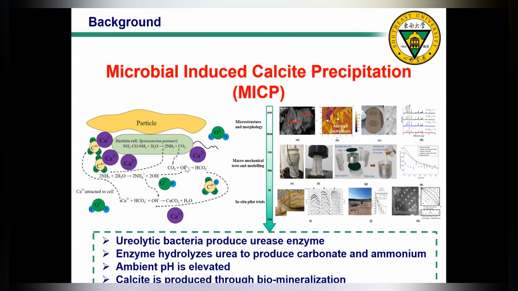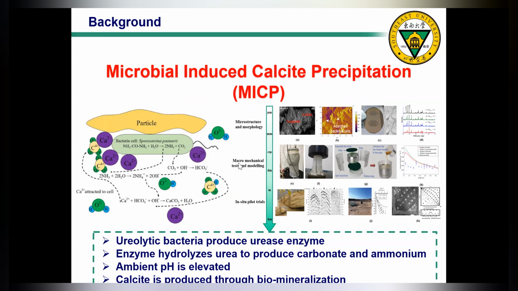With the slightly alkaline condition, if there are calcium ions present, the calcium ions can react with carbonate to generate calcium carbonate precipitation, or calcite precipitation. This precipitation, when present between loose sand particles, can serve as interparticle bonding and increase the overall mechanical strength of the sand.